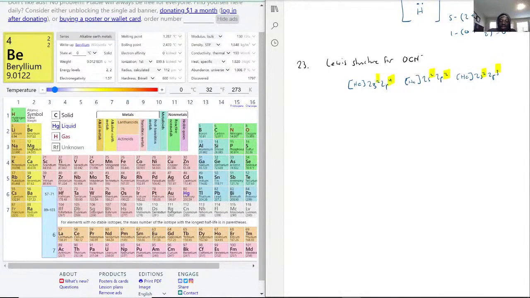So in total we have 6 plus 4 plus 5, and then because there's a minus here, it's going to be plus 1 more electron. So that's 6 plus 4 plus 6, that's 16 in total electrons.